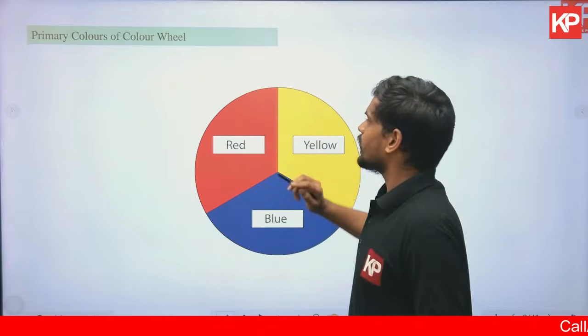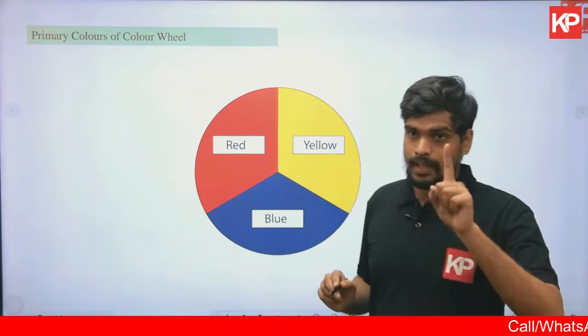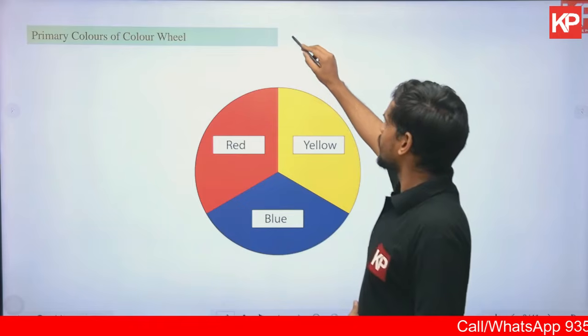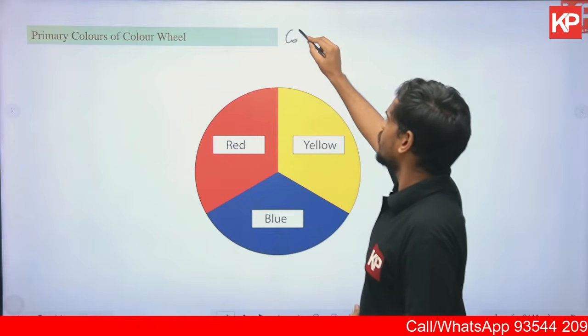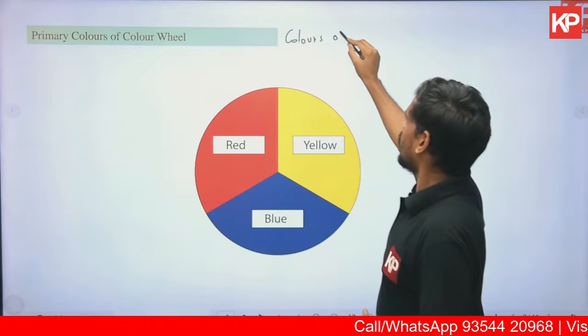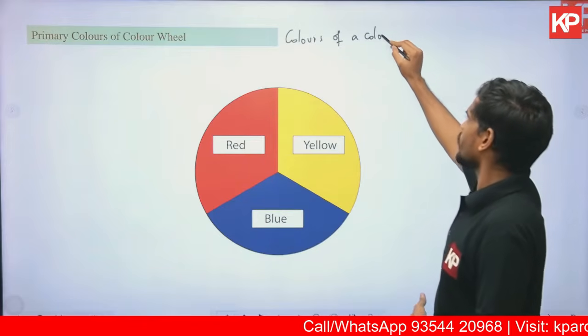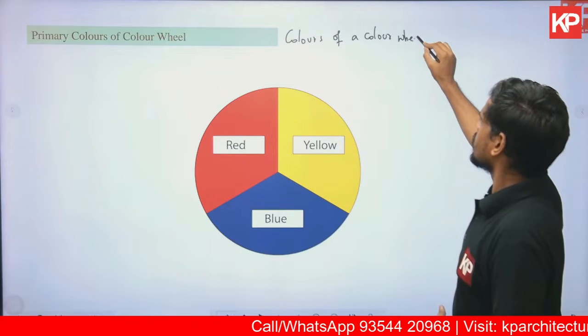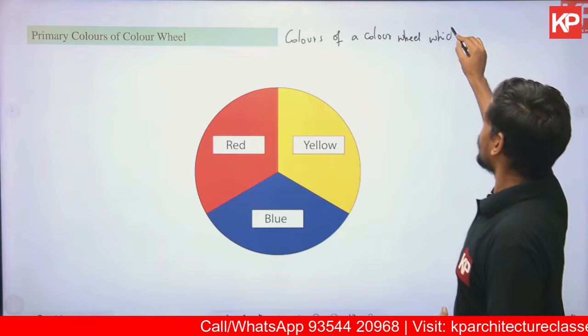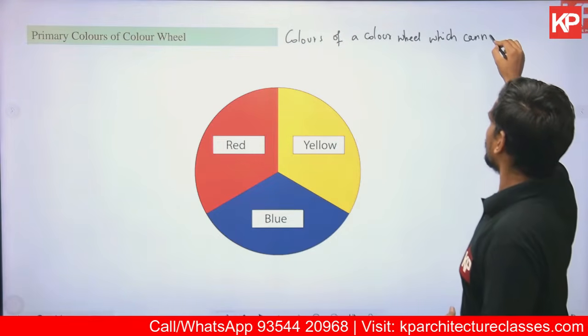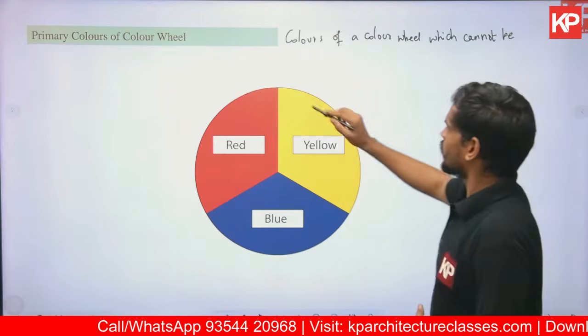For the primary colors of the color wheel, you need to remember two things. Number one, what is the meaning of primary colors? These are the colors of a color wheel which cannot be obtained by mixing.